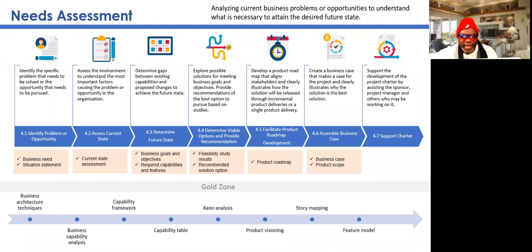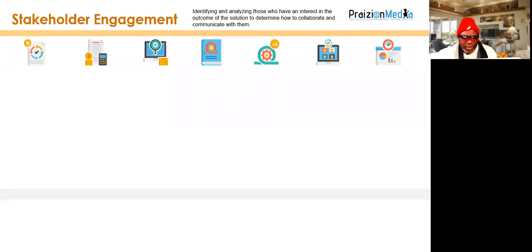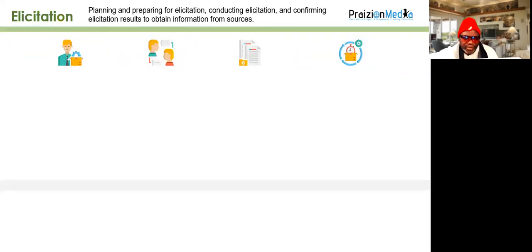All of the other areas will be broken down in the training, whether it is stakeholder engagement, where we have the full slides where we've broken this down, or elicitation, all of the other areas, we're going to break them down really well.